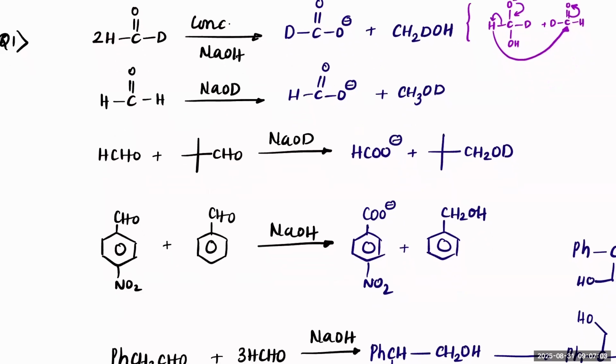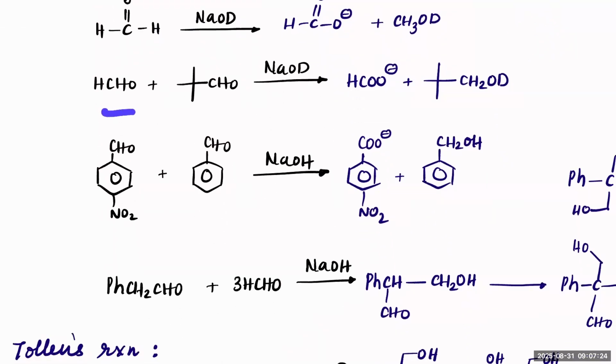Let's see the second case. If you have NaOD, here OD minus can connect here, right? And thereafter H minus will be relieved and you will get CH3OD here, and this will become HCOO minus here.